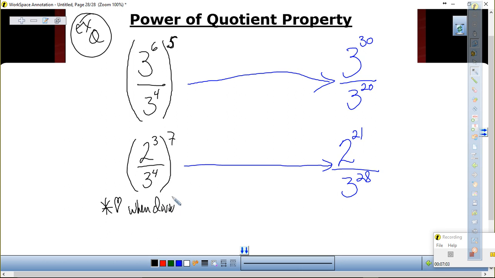When dividing exponential expressions, oh, that's a good start. Pass it to someone. All right, so watch. Leslie just gave us when dividing exponential expressions, which is what's happening inside of the parentheses. Do we have exponential expressions dividing here?